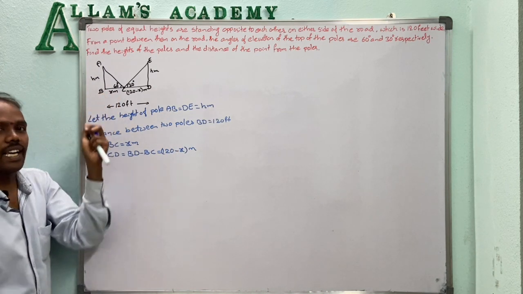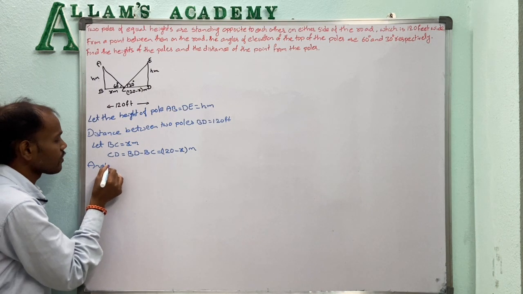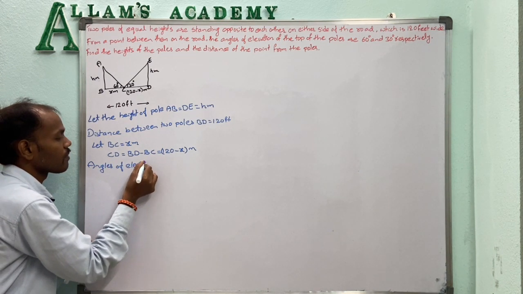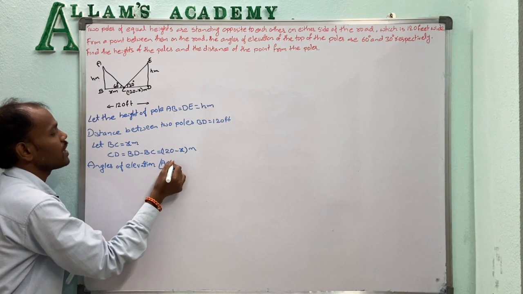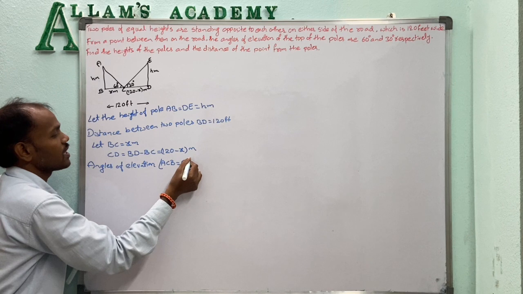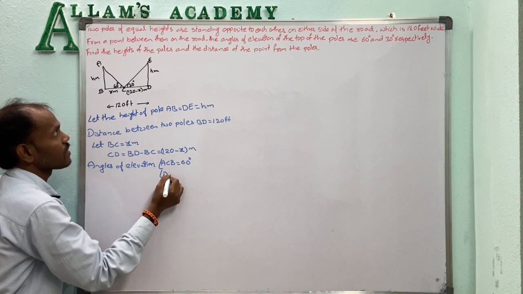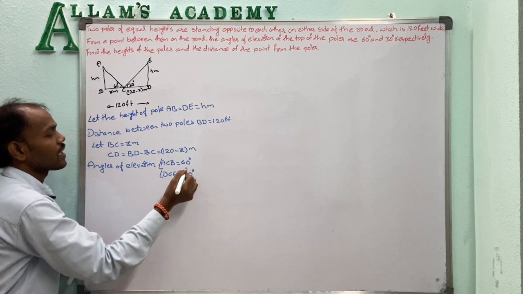Next, given angles of elevation: angle ACB equal to 60 degrees, angle DCE equal to 30 degrees.